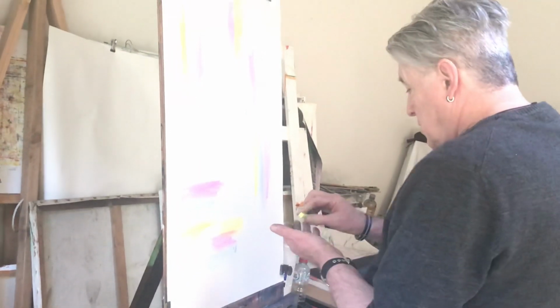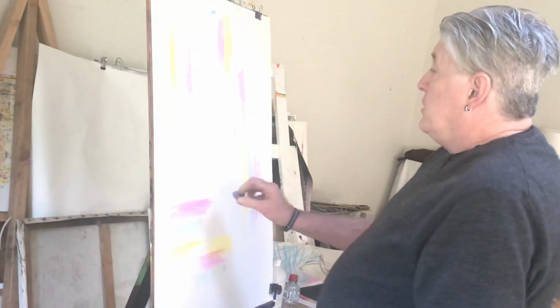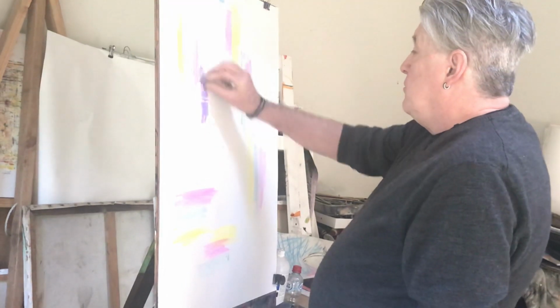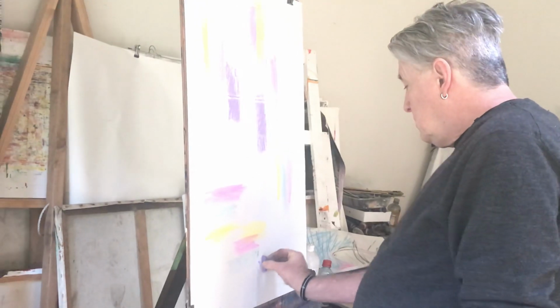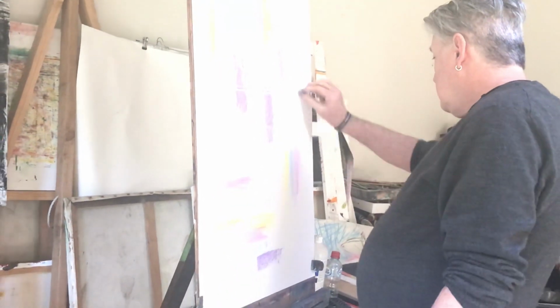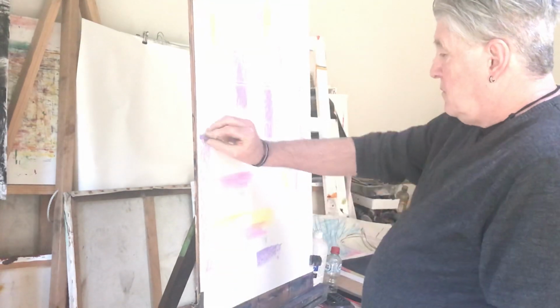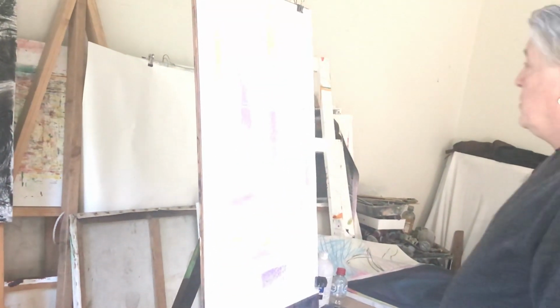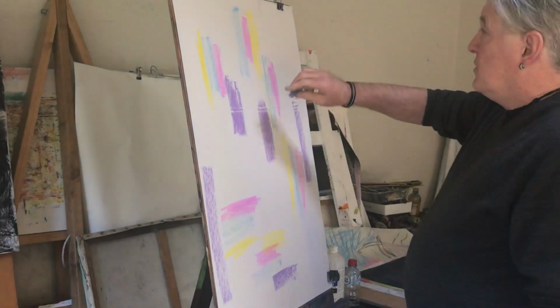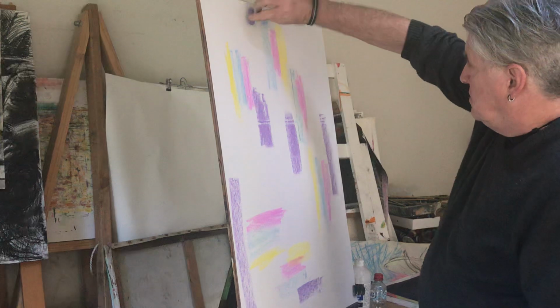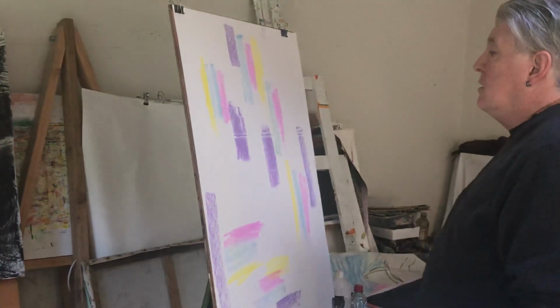I'm going to change hands, as good as I can. Same thing, but just move it on a bit. Each of these groups have the same colour selection, but they have different relationships to each other.